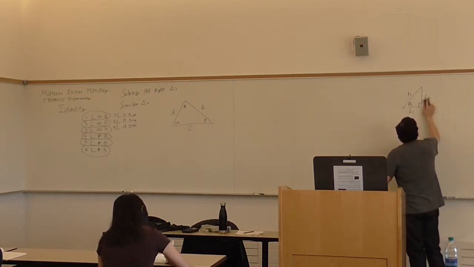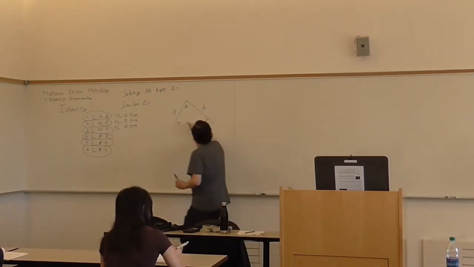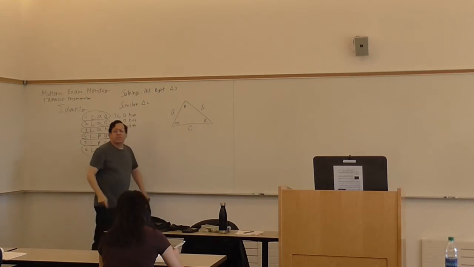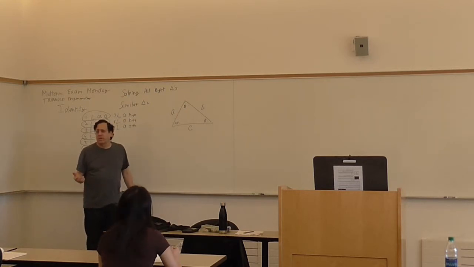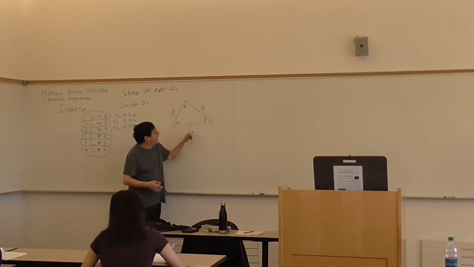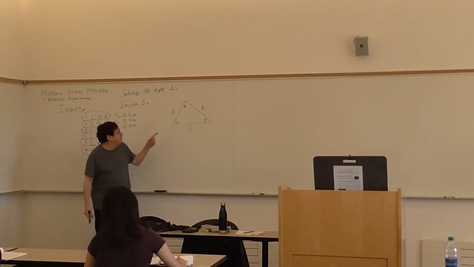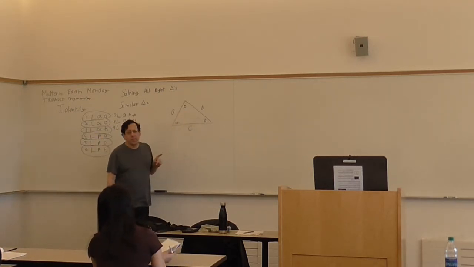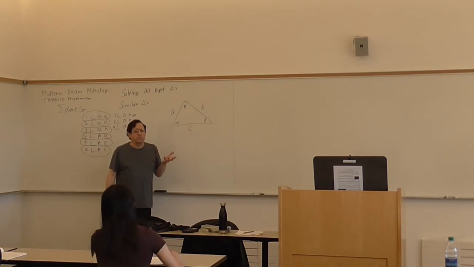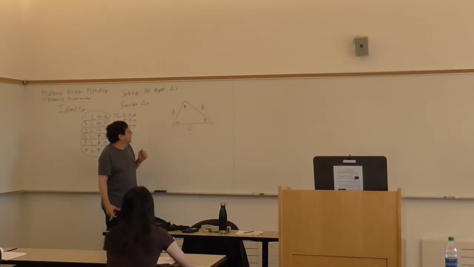Well, we already know just knowing 3 angles is not sufficient. But we know that if you know 3 sides, that determines a triangle. So if we have the 3 sides, we ought to be able to determine the angles somehow. We need a little more trigonometry. We need a little more equipment here to do that.